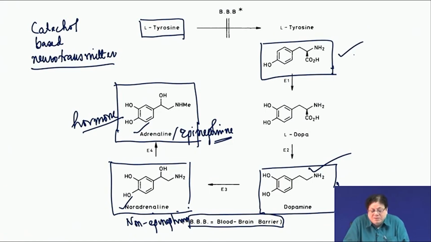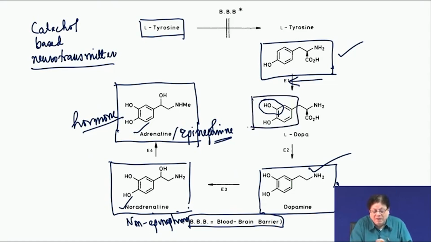As it reaches the brain, there is an enzyme called tyrosine hydroxylase, which puts a hydroxy group in the aromatic ring, and that is basically the catechol moiety. Now, you have the catechol moiety, so basically now you have dihydroxy.